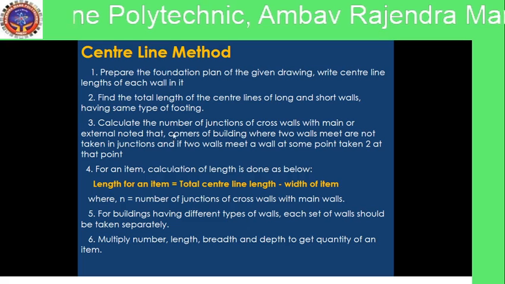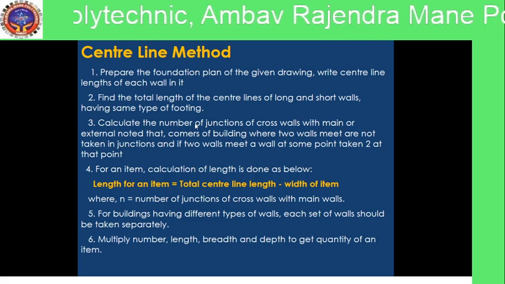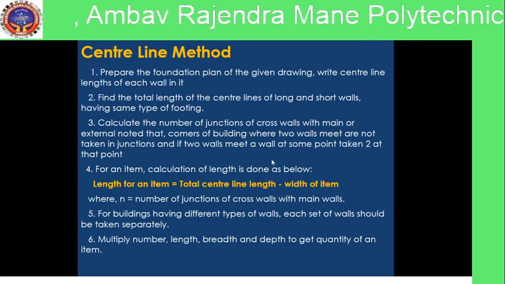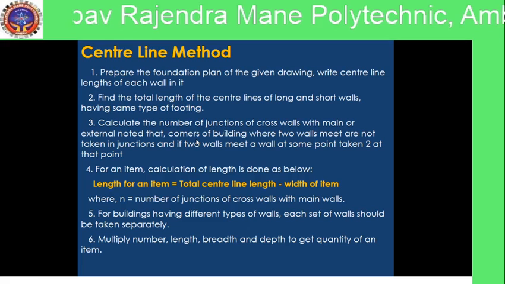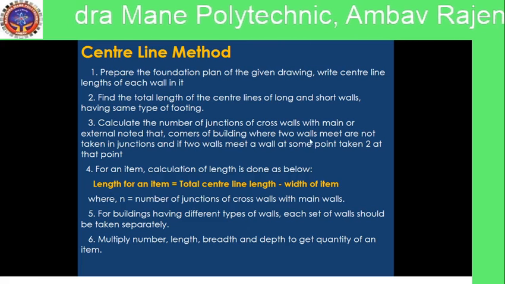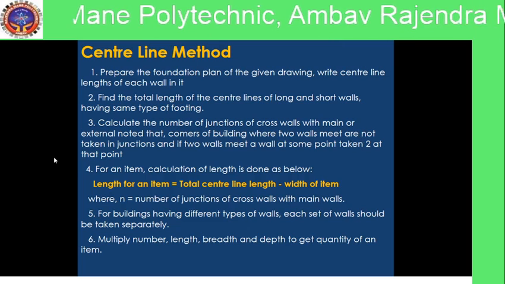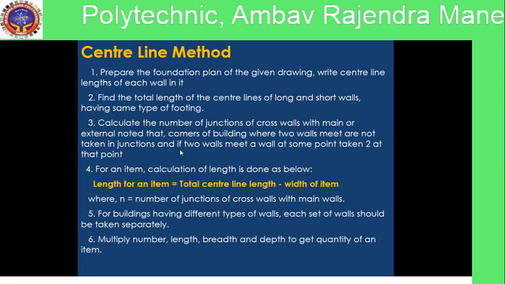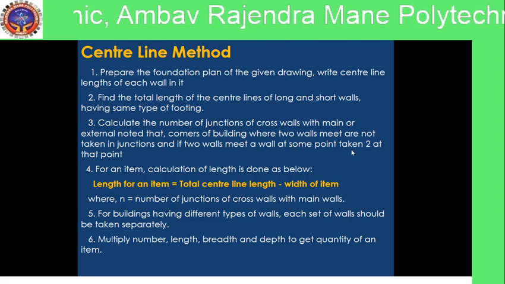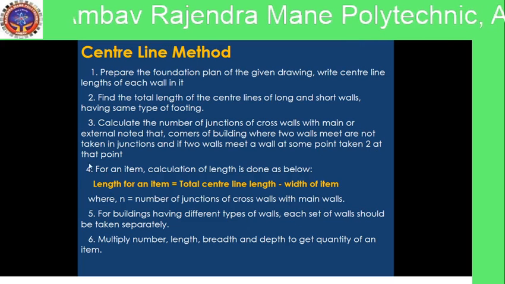Calculate the number of junctions or cross walls with the main or external wall. Note that corners of the building where two walls meet are not taken as junctions, and if two walls meet a wall at the same point, take two at that point.